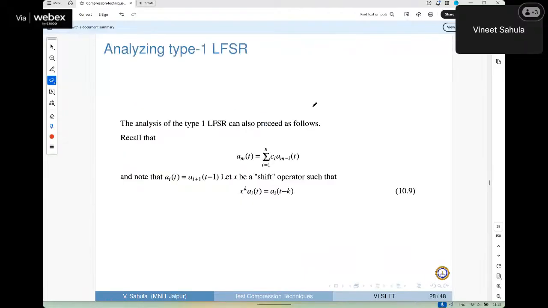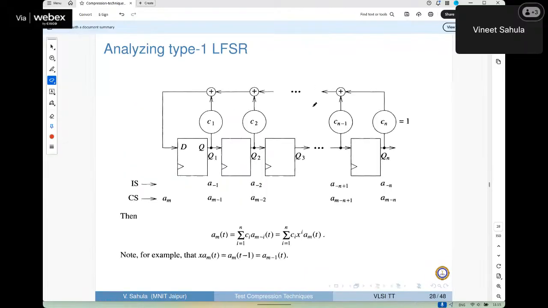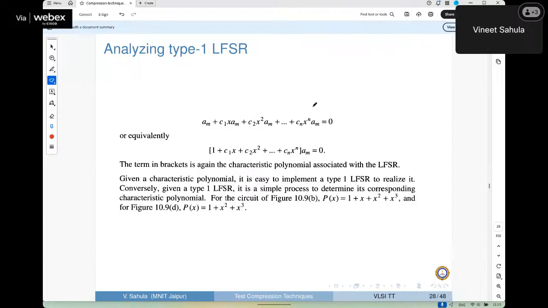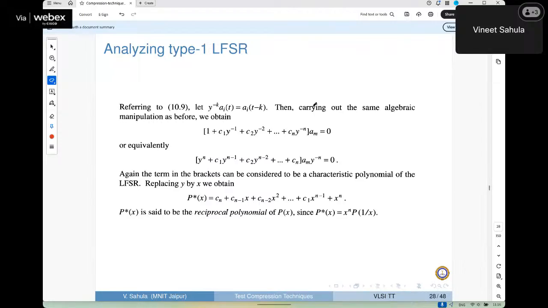Only thing is we have to keep track of some more transformation. Another transformation is that the same LFSR I can represent alternately. So can I say my a_i is delayed, let us say x^k delayed?